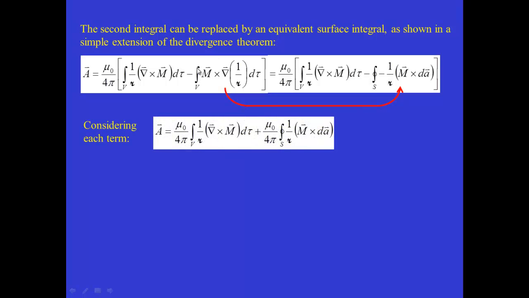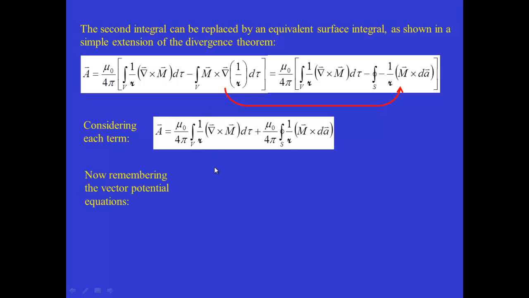So if we now write out this expression and write the two terms out separately, multiplying the mu naught over 4 pi out, we get mu naught over 4 pi times the volume integral plus mu naught over 4 pi times the surface integral. Now take a look at these two terms, because they ought to look a little bit familiar, especially if you see that they both involve the integral of some kind of quantity over script r.